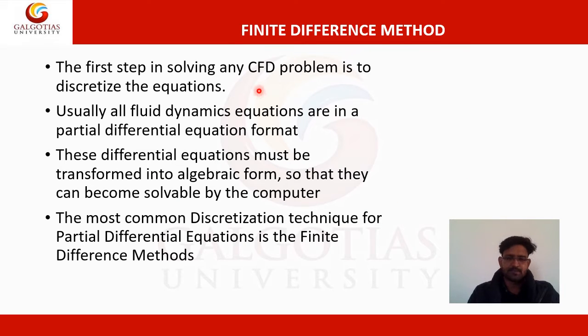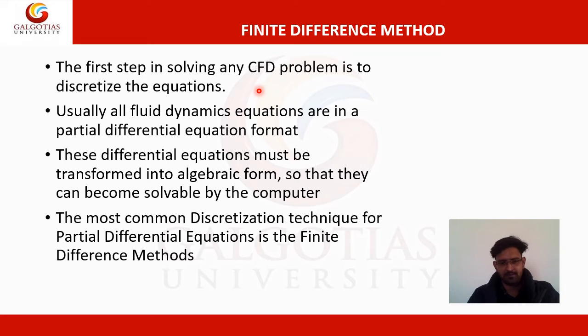So let's talk about the finite difference method. The first step in solving any CFD problem is to discretize the equations. Why discretize the equations? Because we have partial differential equations whose exact solution is not possible, since these partial differential equations are higher order and are coupled with terms which are generally non-linear in nature.